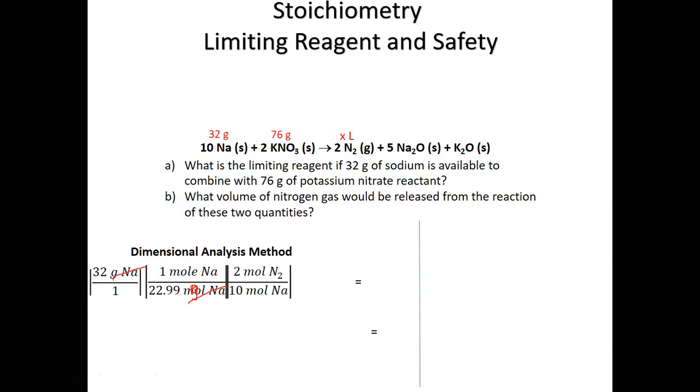What we do next is take our mole ratio. We convert our given chemical into our desired chemical by using the mole ratio. That mole ratio comes from the balanced equation. There are 2 moles of nitrogen, which is what we desire, our X, for every 10 moles of sodium given. We get rid of our given and turn it into desired. Notice we've turned it into a desired mole amount, however, and we really desire the number of liters.